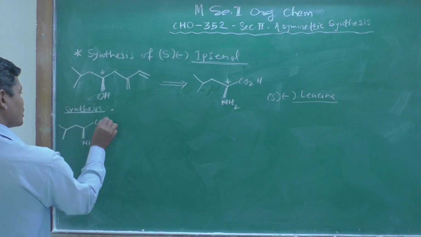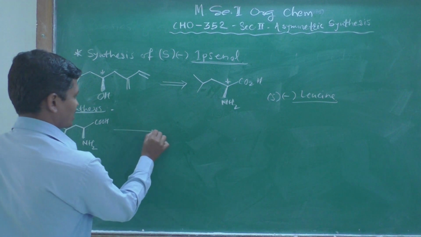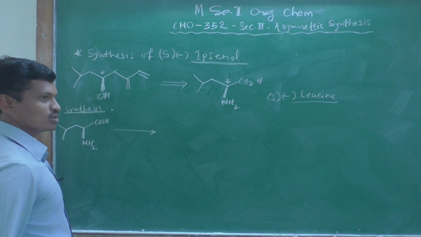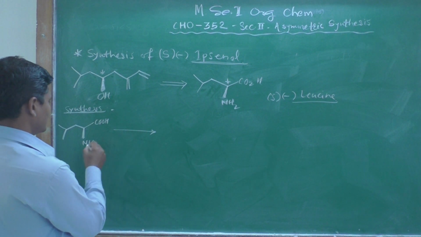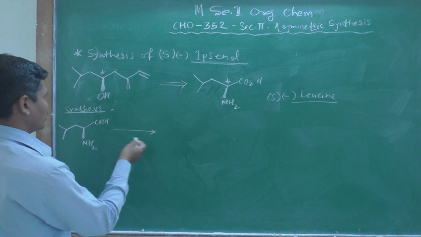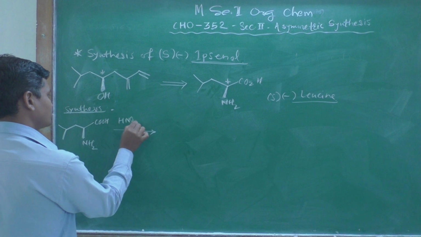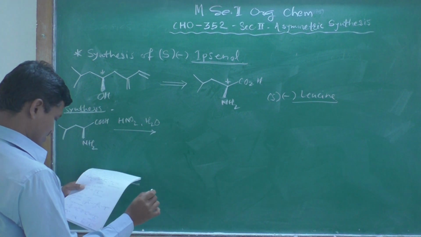Okay, so this is a primary amine group. We have to convert this amino group into a hydroxy group. So what is the reaction? The best example is the diazotization reaction. So convert this amino group into a hydroxy group by diazotization, that is HNO2, then water, hydrolysis.